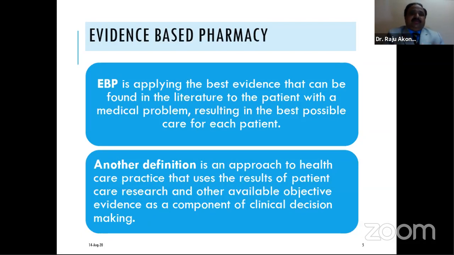So you need to have the details about the patient, the details about the case, and you need to put it in a particular format. It is out of the scope of this particular lecture, but that is also very important. After putting it into a particular format, you will understand the case thoroughly, and then you will go into searching the literature.